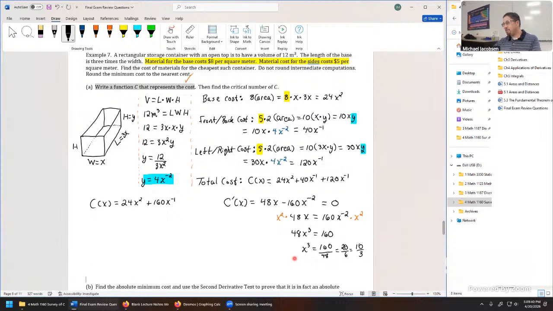But again, if you did approximate that to say like 3.333, I wouldn't be too put off by it. So x cubed is 10 over 3. That means finally x, if we take the cube root of both sides, is 10 thirds to the 1/3 power. So finally, we've got it, folks. Putting this all together, that's our result.